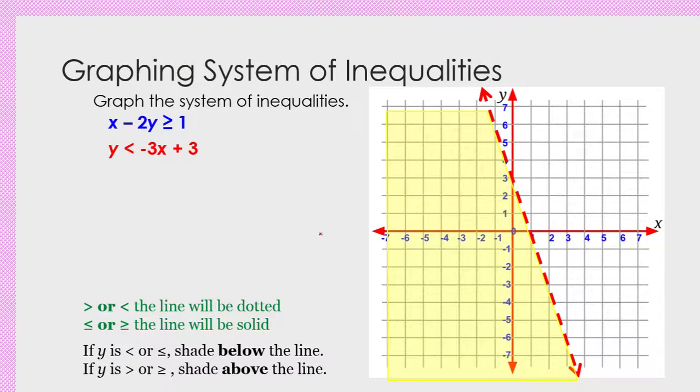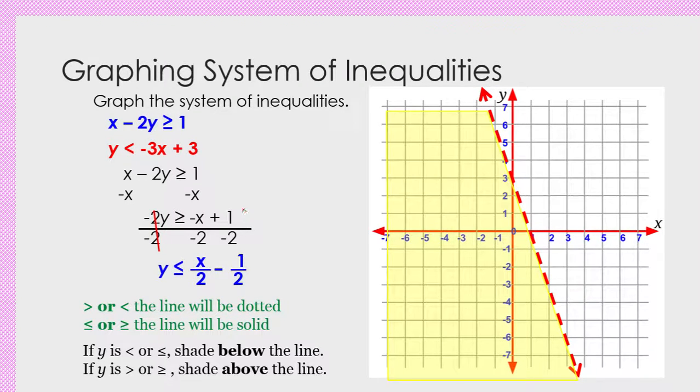Now we need to graph the blue inequality. The blue inequality is not yet in slope-intercept form, so we are going to put it in slope-intercept form. By subtracting x from both sides, we get negative 2y is greater than or equal to negative x plus 1. Divide negative 2 into every single term.